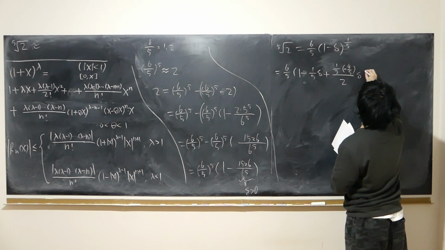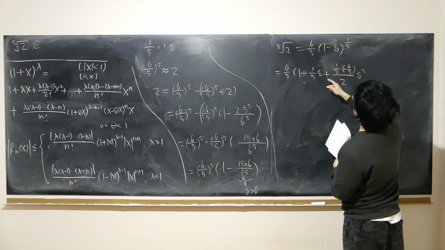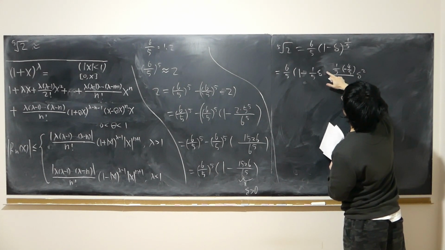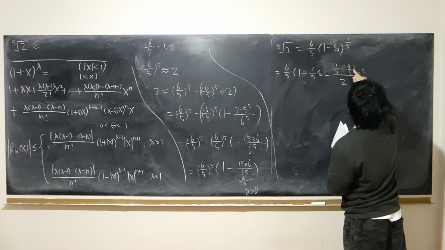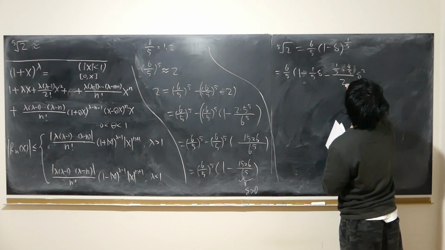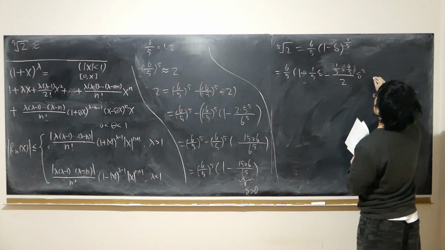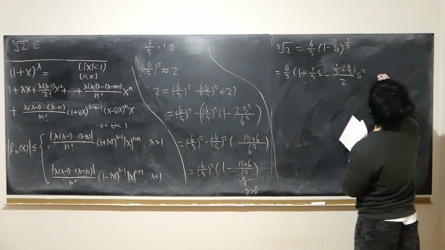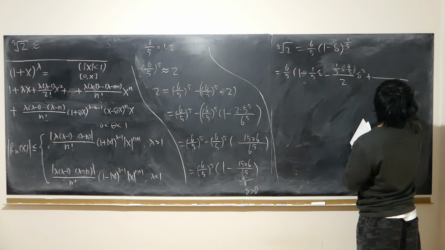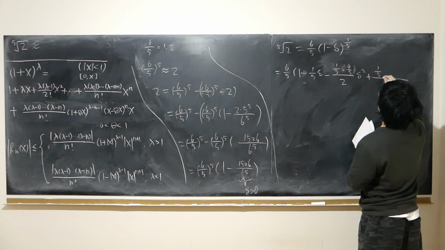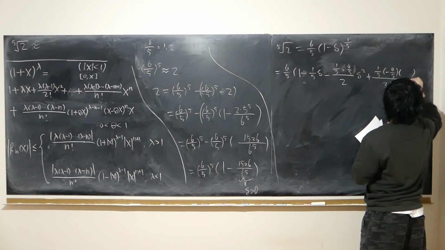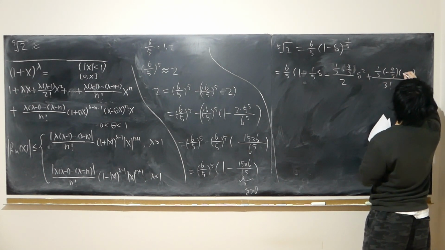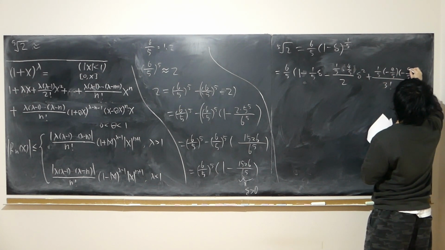So delta squared, but negative. So this guy will still become minus, right? Minus distributed here. So I have this multiplication, still minus some positive number. Then of course next is 3 factorial, just lambda times lambda minus 1 times further this guy minus 1. That is negative, I think it's 9/5.